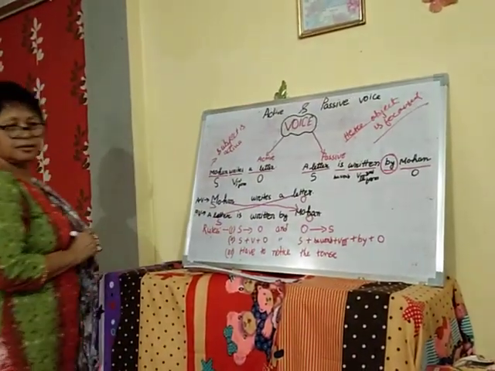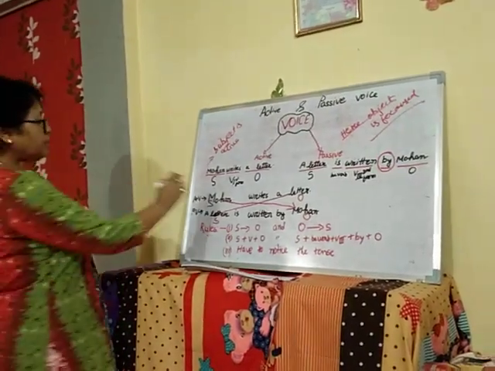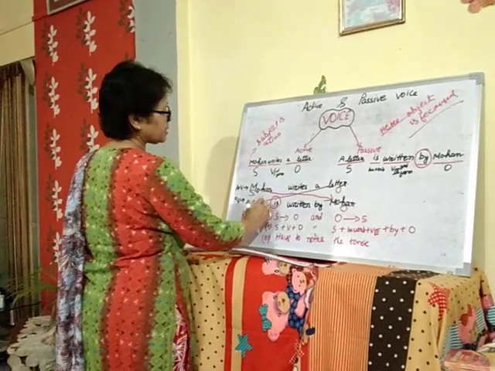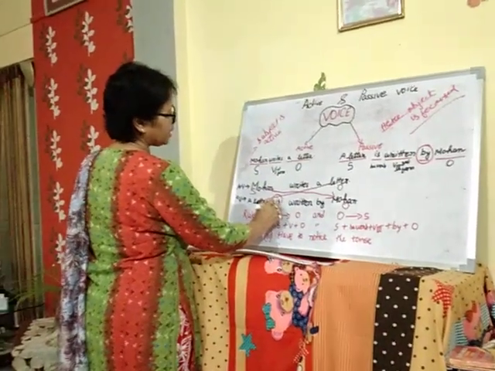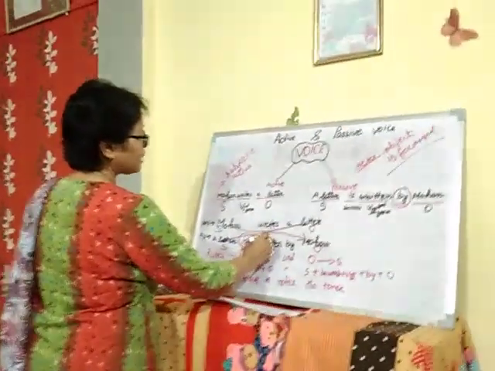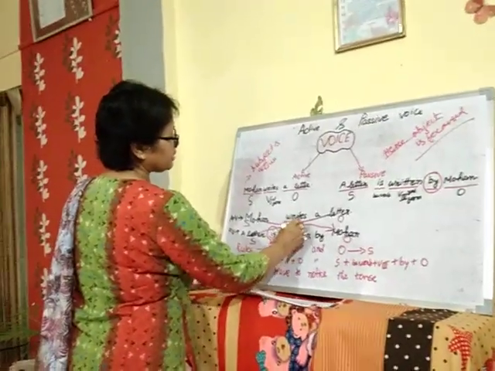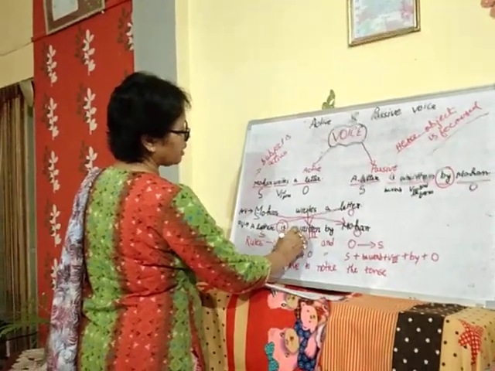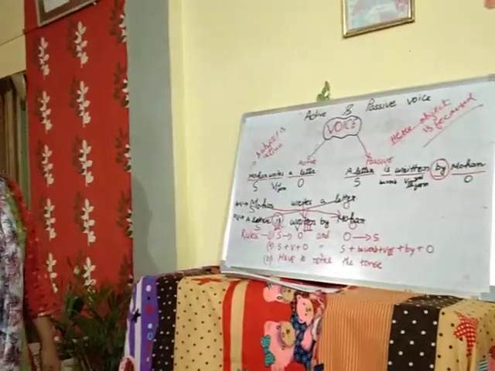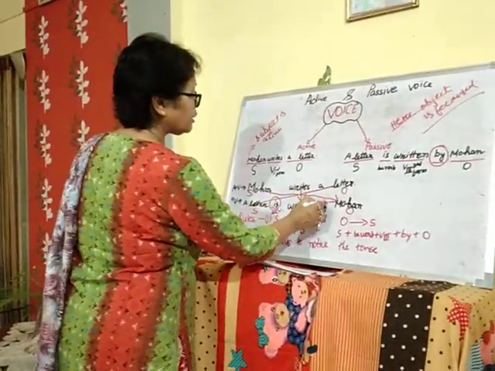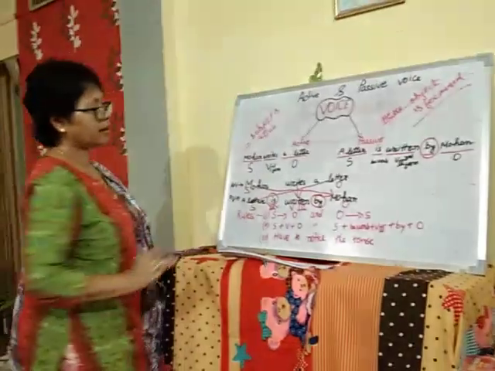Got it? Is it clear? Then we add a new be verb. Then this writes, simple present tense, becomes the third form of the verb, written. And we add a new word, by.